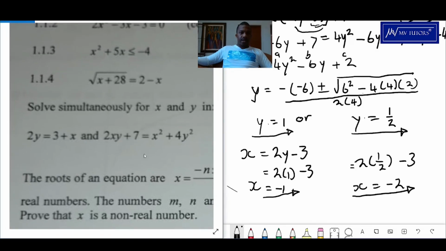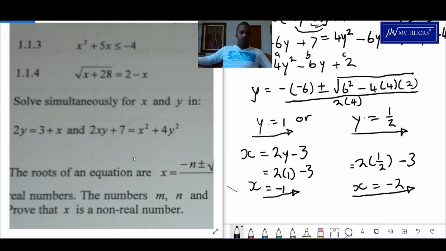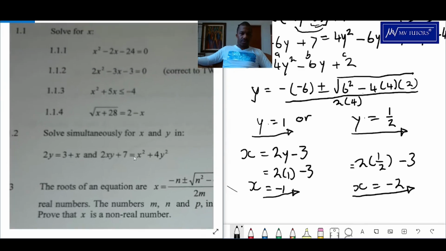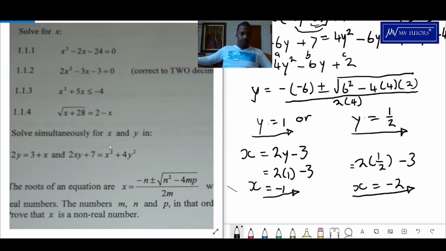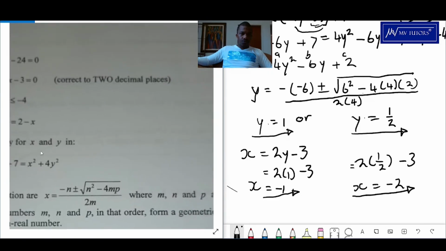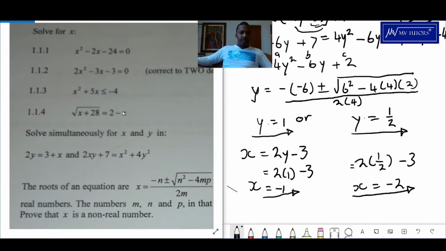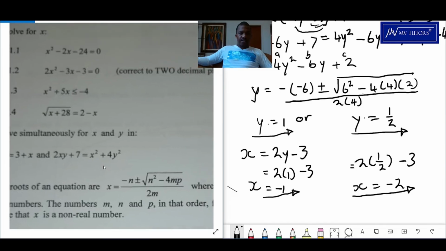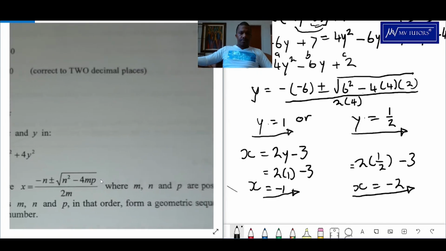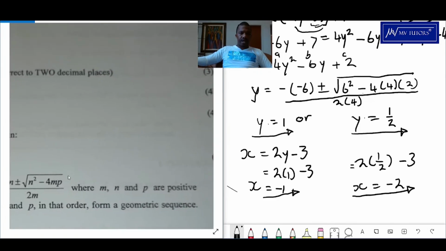Okay, now we are on the last question here. Let me just zoom out so that we can read it. It's quite a long one. Anyway, it says the roots of an equation are x is equal to minus n plus or minus a square root. This is a quadratic equation, where m, n, and p are positive.